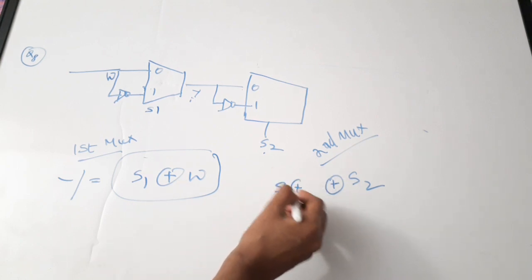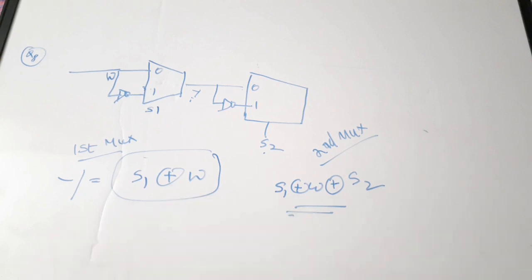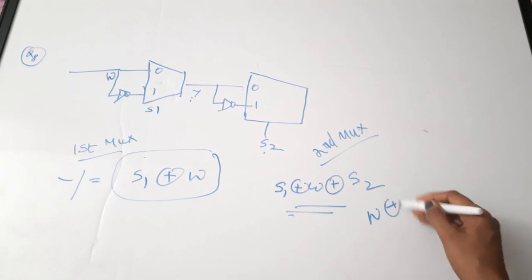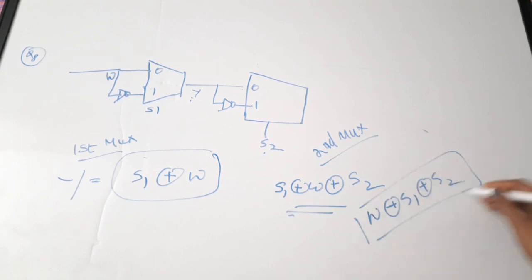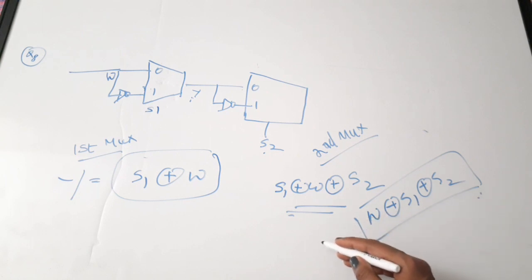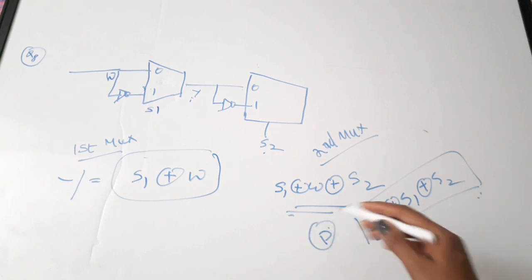S1 XOR W. So the expression is S1 XOR W XOR S2, or you can rearrange it as W XOR S1 XOR S2. This is given in the option. So the correct answer here is option D. Okay, I hope it is clear.